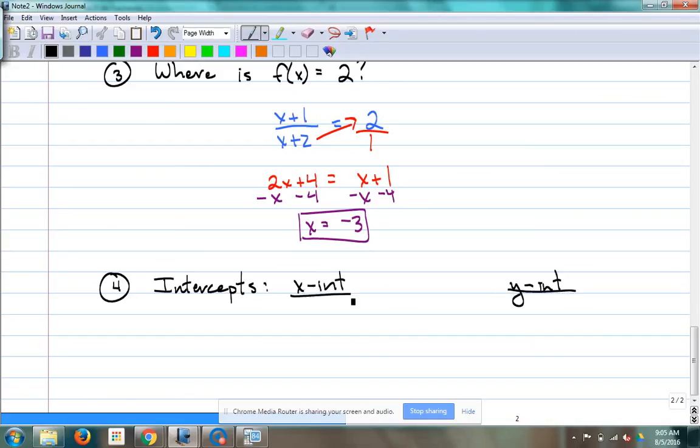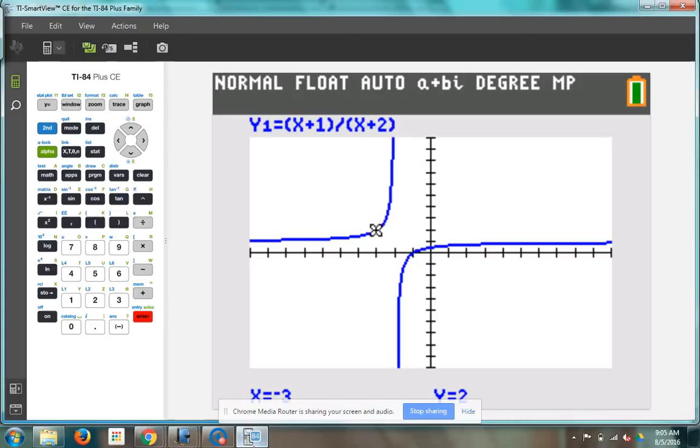We've already seen the graph of this thing. So we know it's crossing the x-axis. I can see that. It's crossing the y-axis. I can see that. How do you find those? Well, I could hum-haw around here on the calculator until I got where I thought was close. But how can you do it in an algebra class?